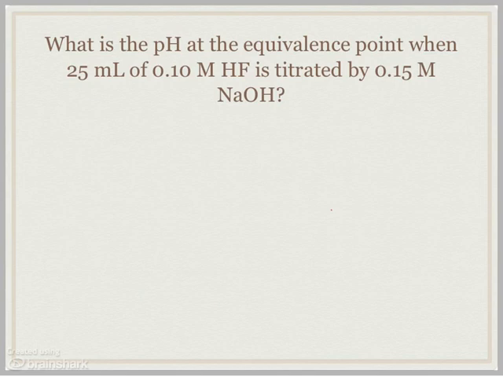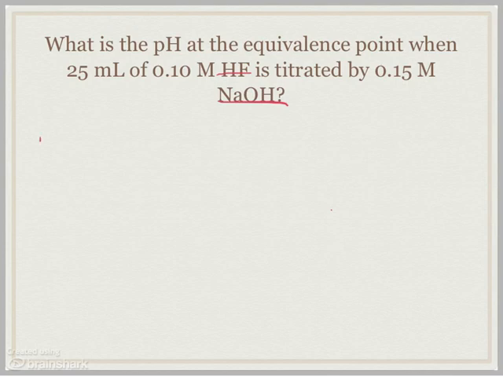Alright, so let's try doing another example. In this case, again, look to see what you have first, whether you have strong acids, bases, whatever. So in this case, we notice that we have HF and NaOH. HF is weak, NaOH is strong, so you will have to do your ICE table and everything else. First thing we want to do is figure out the number of moles of the F minus, or the salt solution.